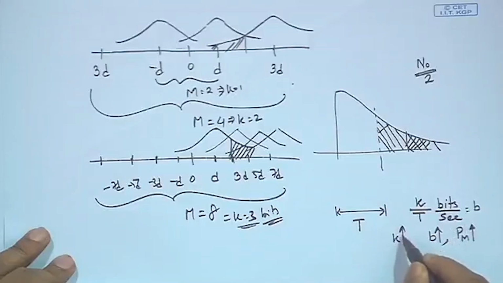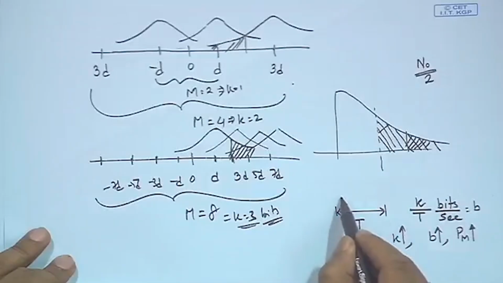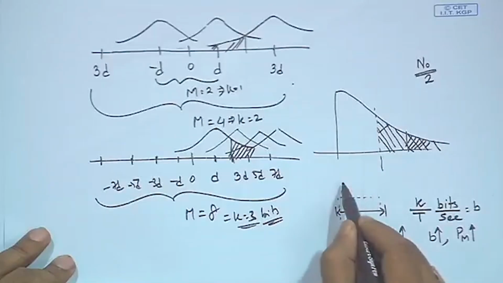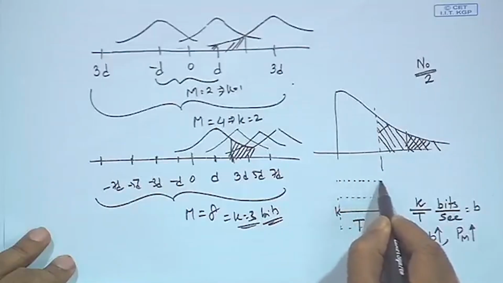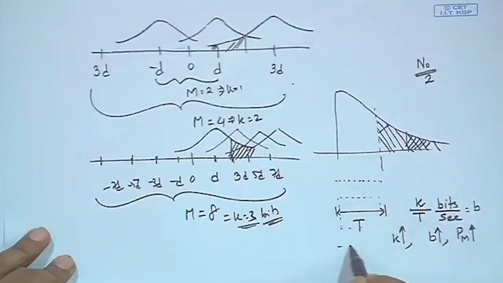If you decrease bit rate, that means you are decreasing number of bits per symbol. As I increase m, we are sending more bits per symbol. If I am using binary PAM, I am going to use only 2 levels. If I am using quaternary PAM, I am going to use 4 levels, 1, 2, 3 and 4.